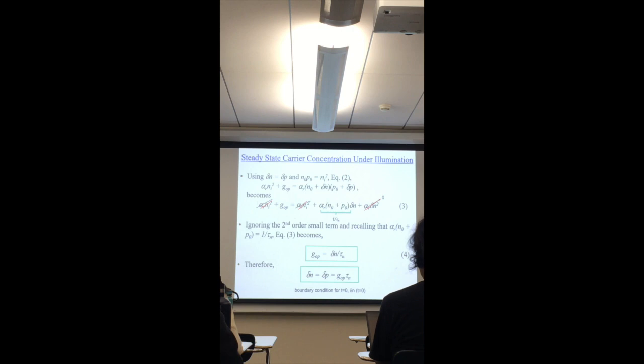Okay, and usually this optical generation rate will be a material's property, right? It's a constant for a certain material, and also tau, this recombination lifetime, is also a material's constant property. So if we know these 2, you can calculate delta n and delta p easily.